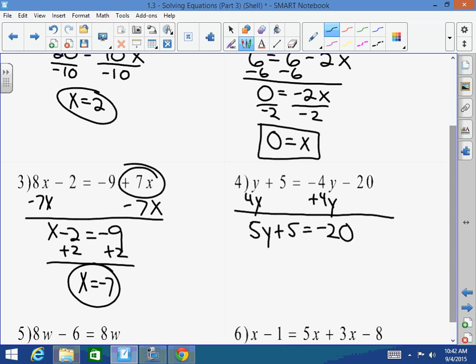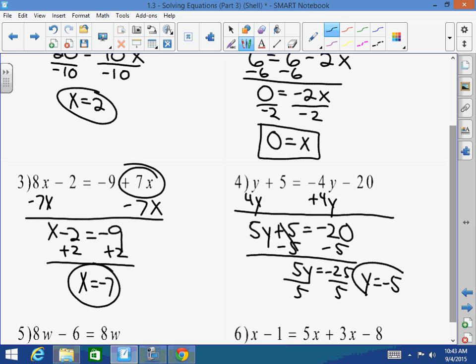And how do I complete that? That's exactly correct, sir. I subtract 5 to both sides. Fantastic. 5y equals negative 25. And then? Divide by 5. That's exactly right. Bam. Y equals negative 5.